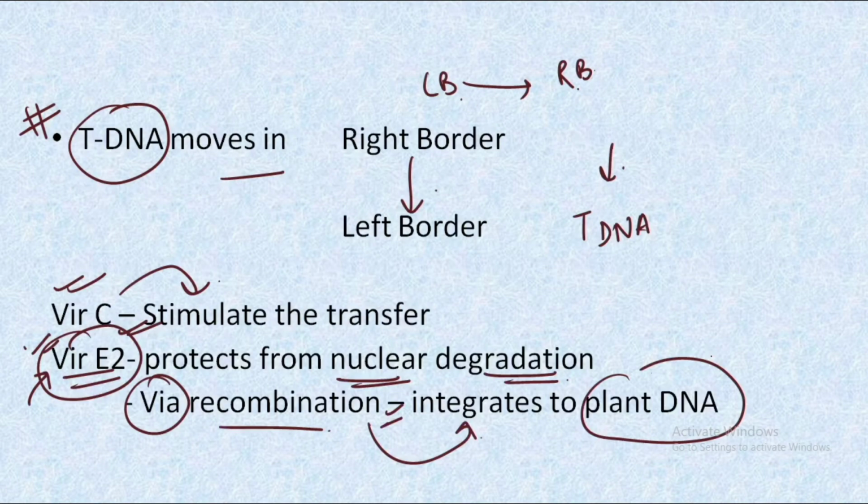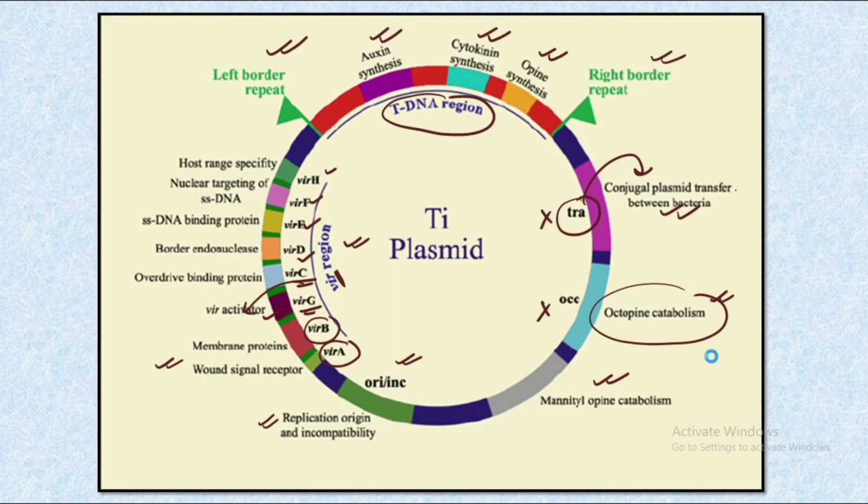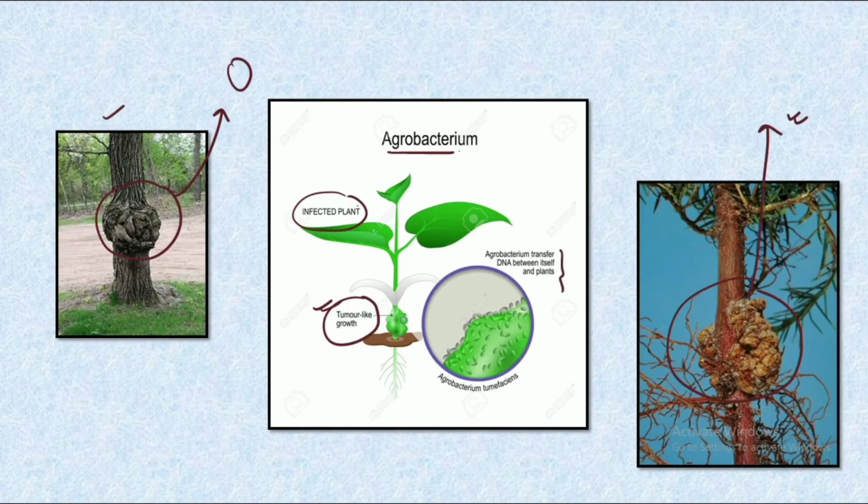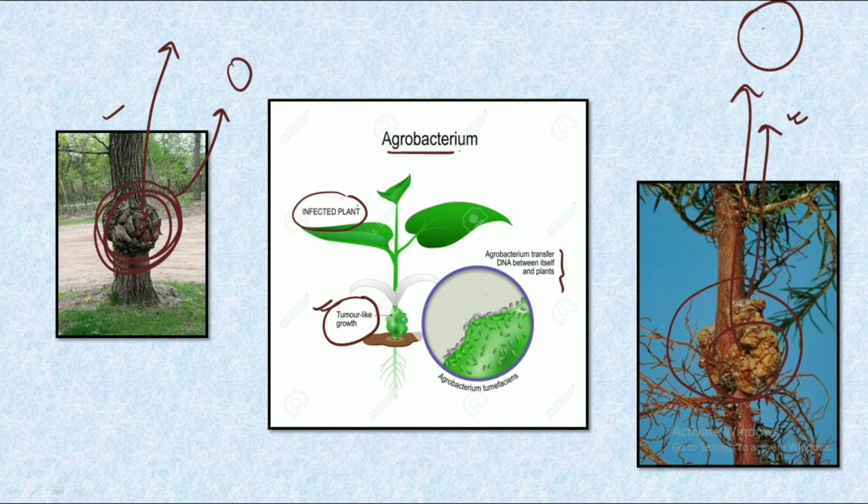As a result, we can see bulge-like structures on the stem as an outgrowth. These outgrowths are nothing but the crown gall disease caused by the plant bacterium. This overproduction leads to cell division, which is seen on the stem, and this complete outgrowth is called crown gall, hence the name crown gall disease.